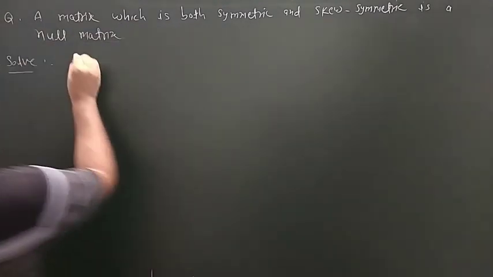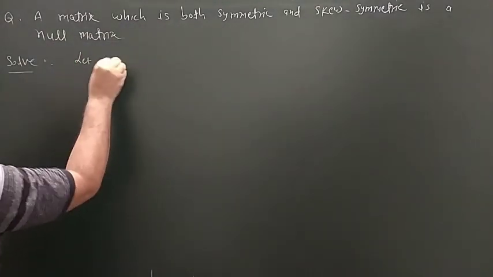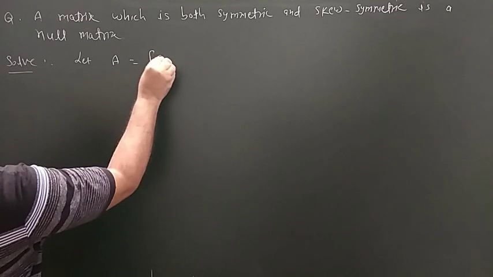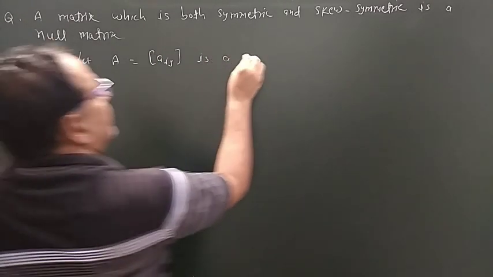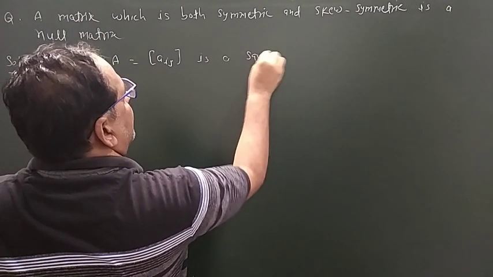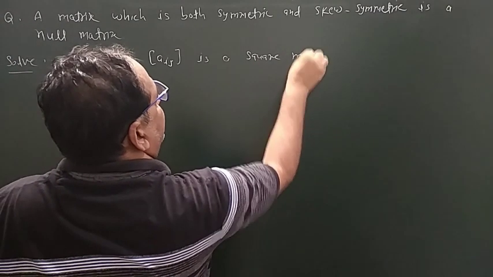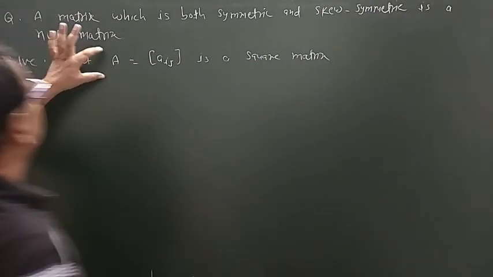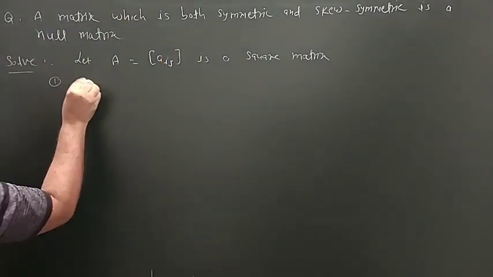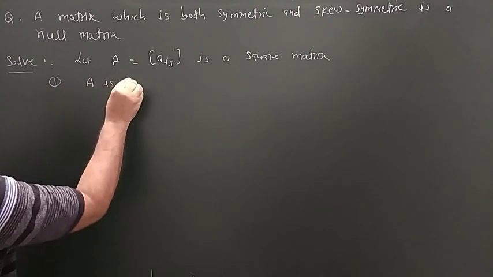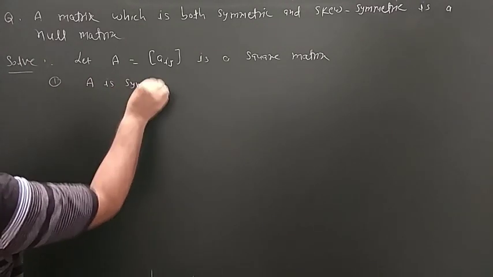So let A equal to Aij be a square matrix. First, A is symmetric in the first condition.